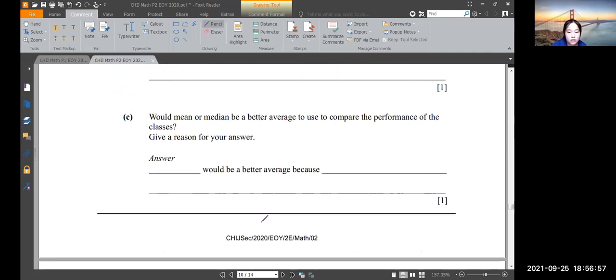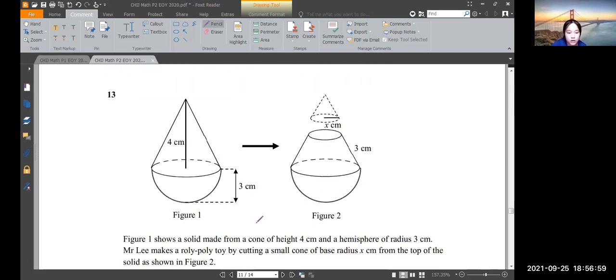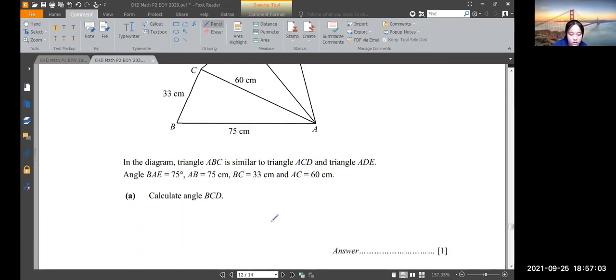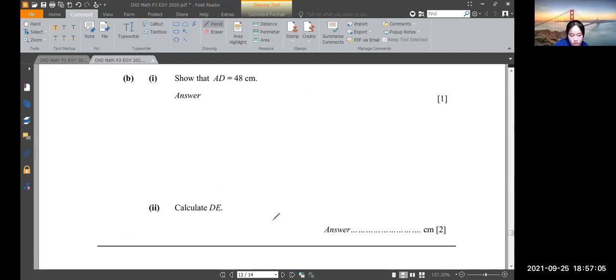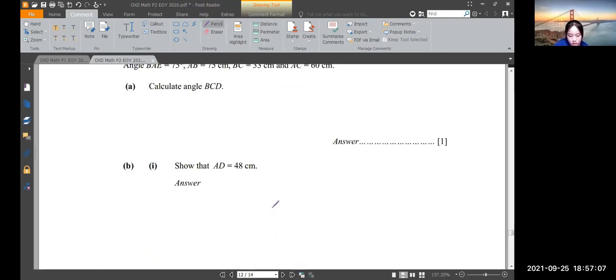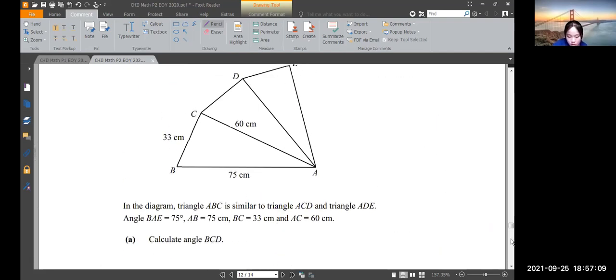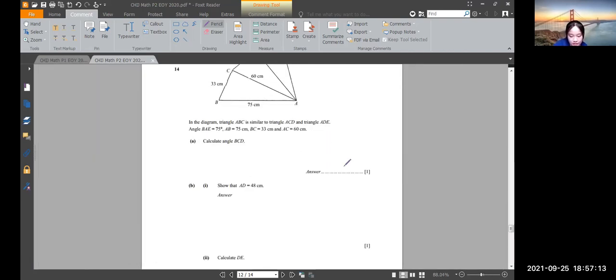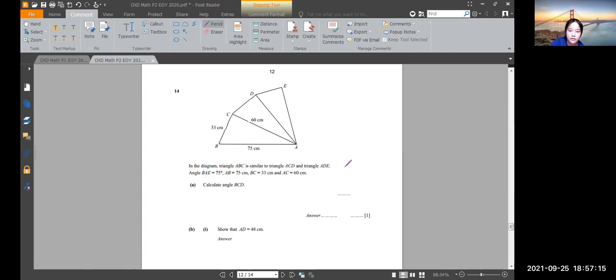Okay, just now you said what? 14. Okay, 14. This question, what is so difficult about this question? I don't remember the formula for the thing. Like which thing?